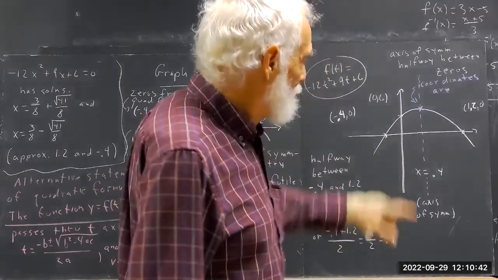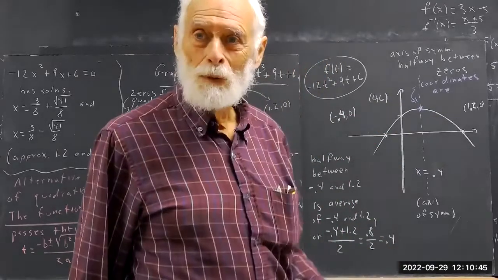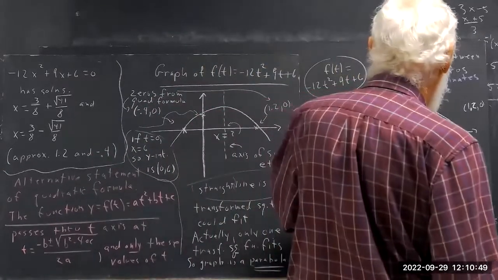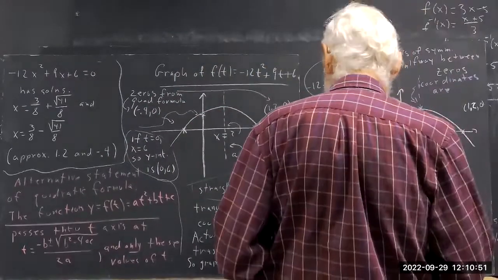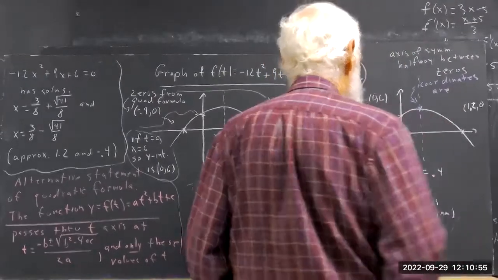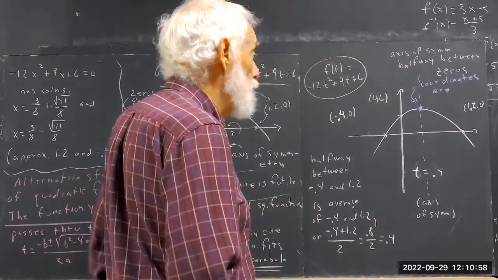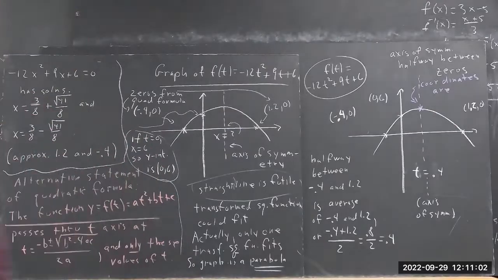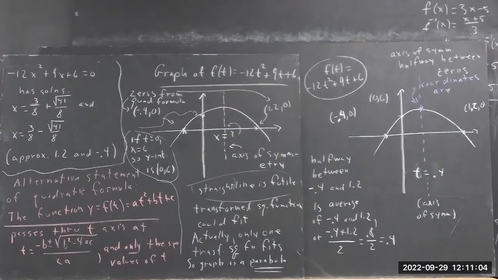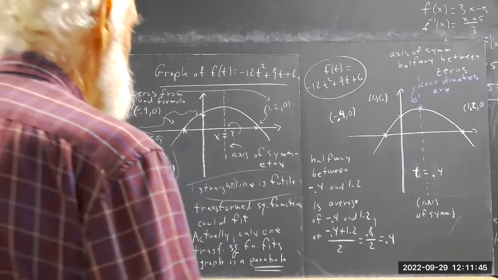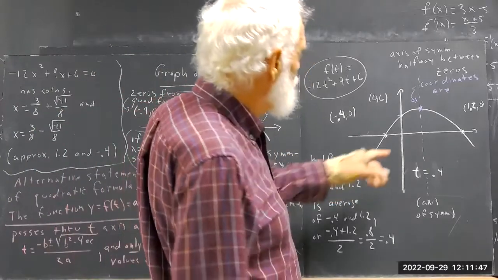Now, how are you going to figure out this point? Well, you know the x coordinate is 0.4, or the t coordinate, I should say, since we're in a context where this is the t-axis instead of the x-axis, but same thing. How are you going to figure out the coordinates of that point? What do you think the coordinates are if you just look at the numbers?